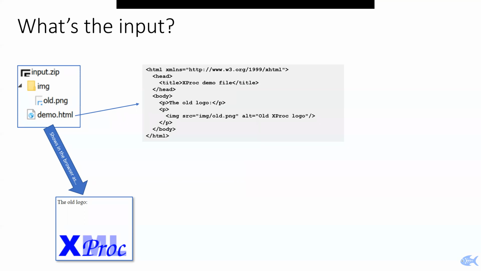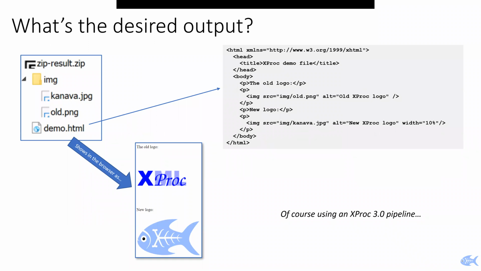And what we need to do is to make another output. So we have to change the zip file. What we need to do is to add a reference to the new logo to the HTML file. And of course, we have to add the new logo itself to the zip file.